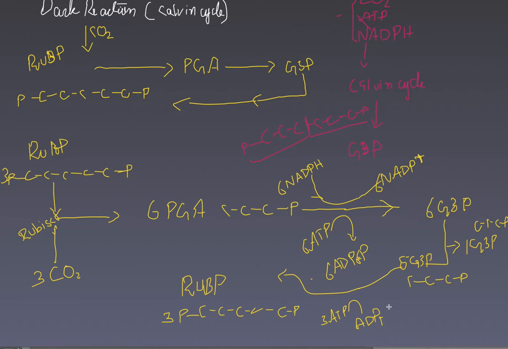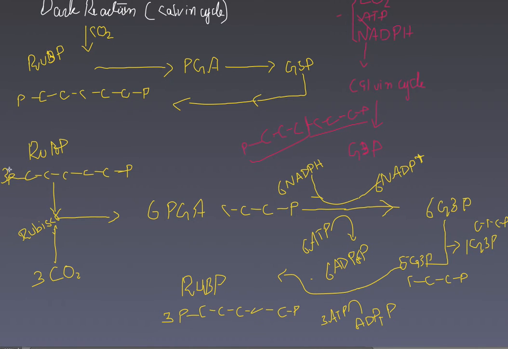You might be thinking, okay, what's the function of this one G3P molecule? Why do we get this molecule at the end? I mentioned in the previous glycolysis video that glucose is broken down into G3P molecules. So now a G3P molecule is being used to make glucose. When you have three RuBPs, you eventually end up with one of these molecules.